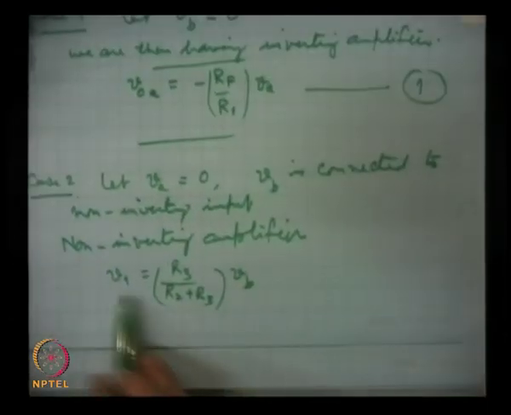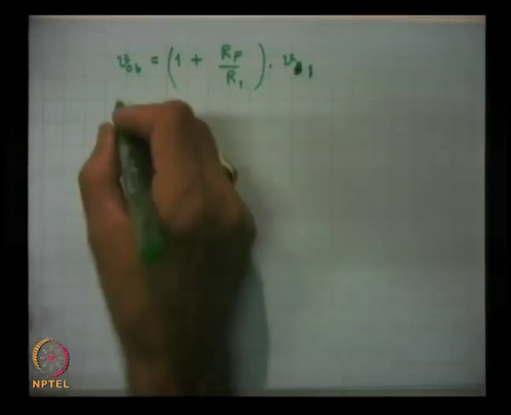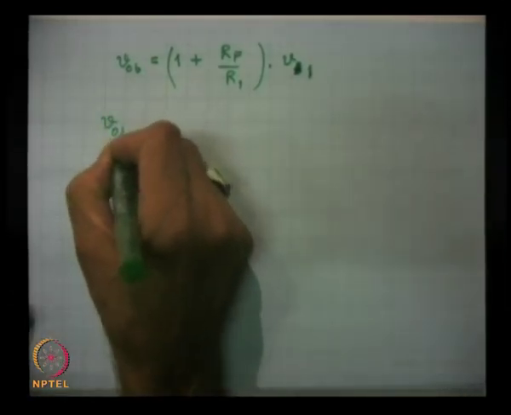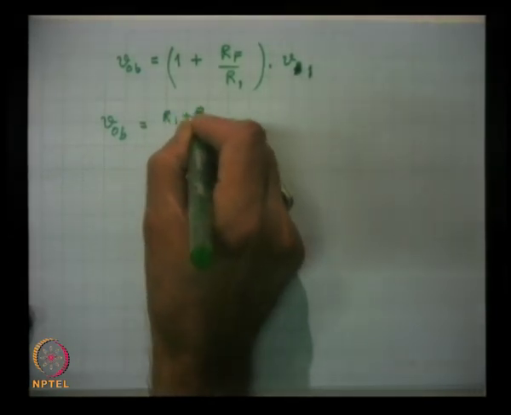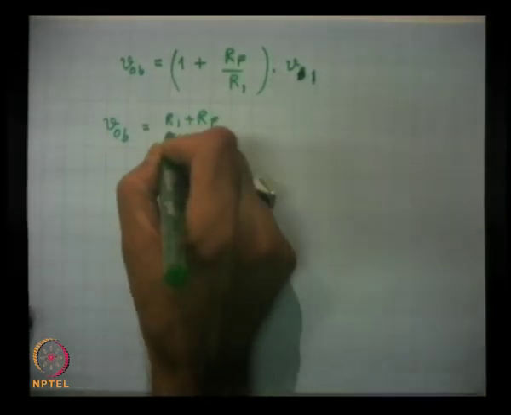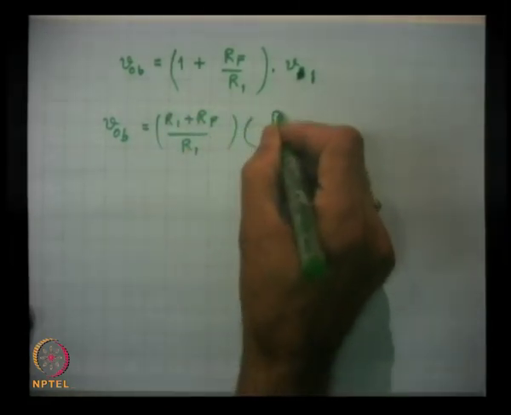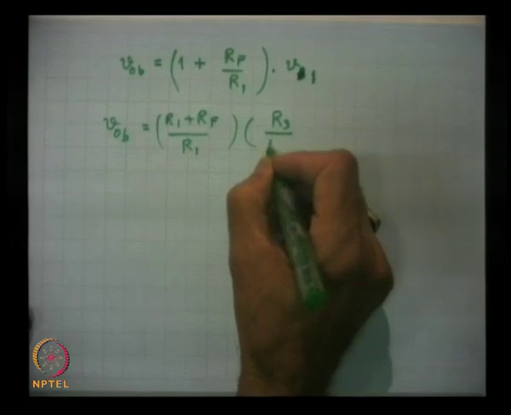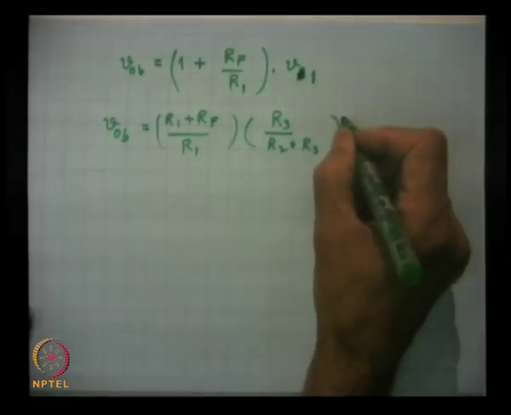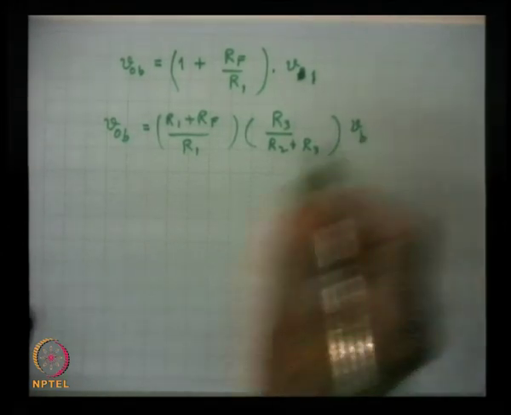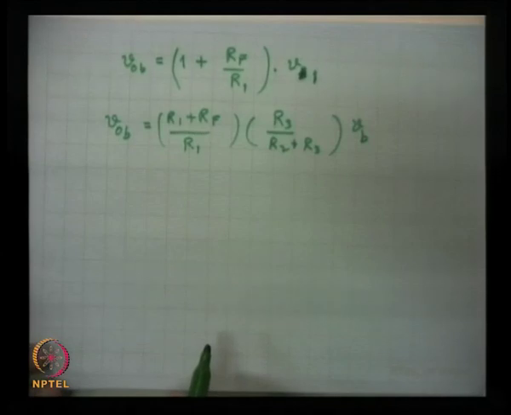This is the value of V1 which we substitute, and then VOB is equal to R1 plus RF by R1 into R3 by R2 plus R3 into VB. This is the output.